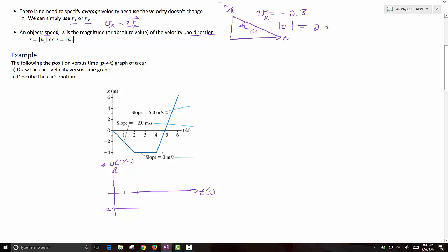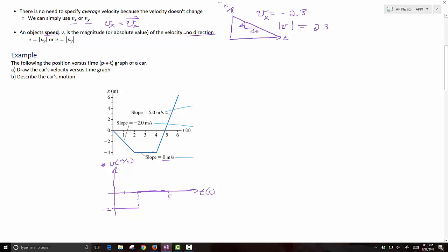When we get here, the slope is 0. So does that mean there's no velocity? No, it just means that the velocity is 0. At this point it somehow instantaneously jumps to 0 meters per second, which isn't going to happen, but we're idealized. So it's going to be at 0 for a while, up until just before 5 seconds.